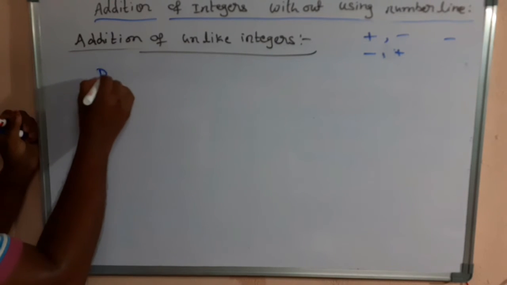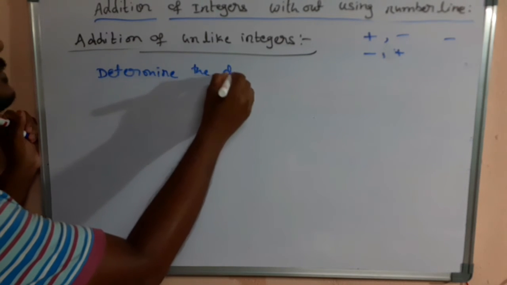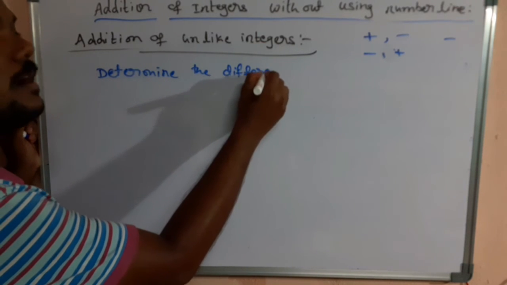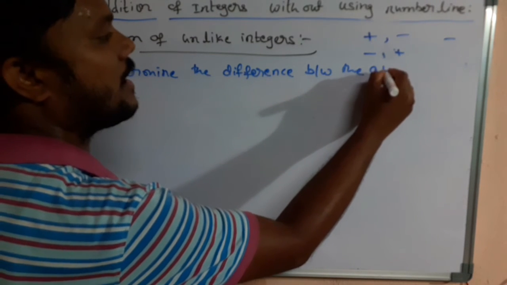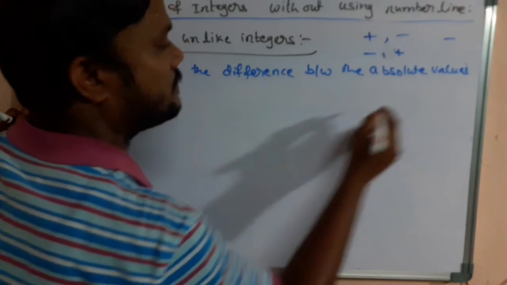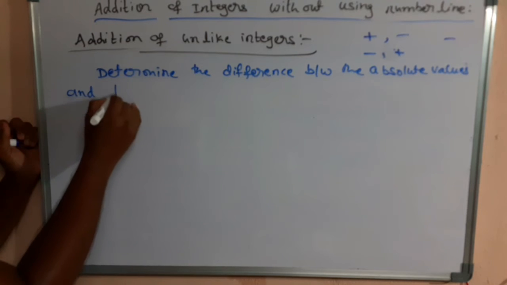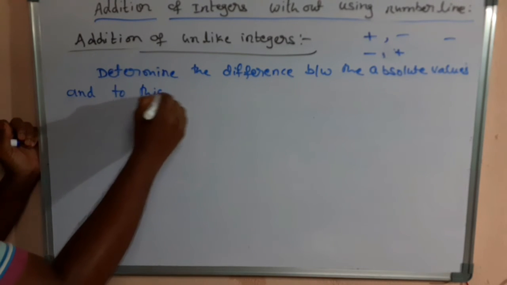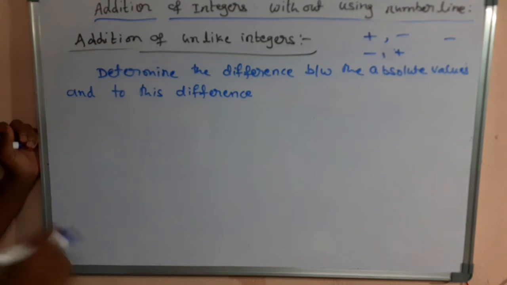We need to determine the difference between their absolute values, and to that difference we need to take the sign. What sign do we need to take?